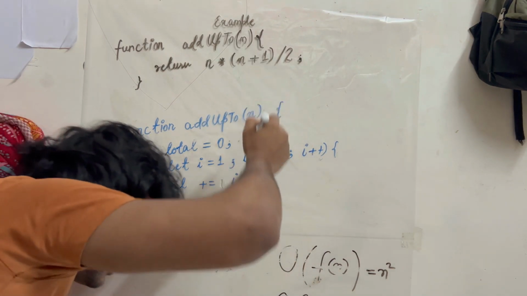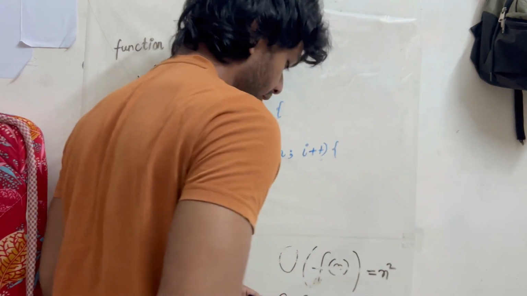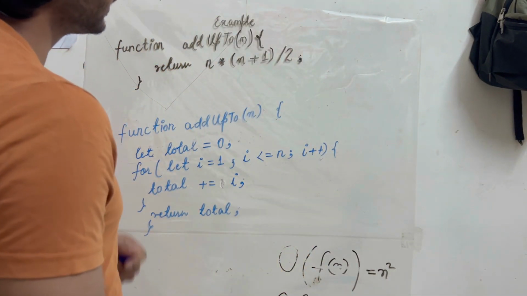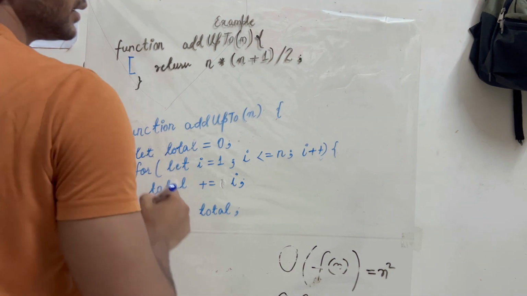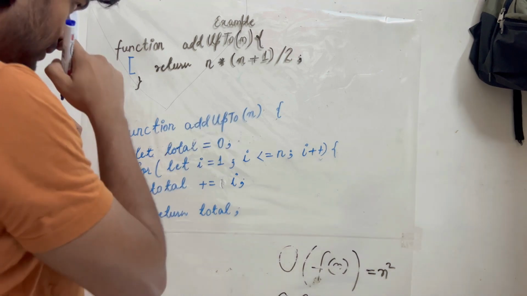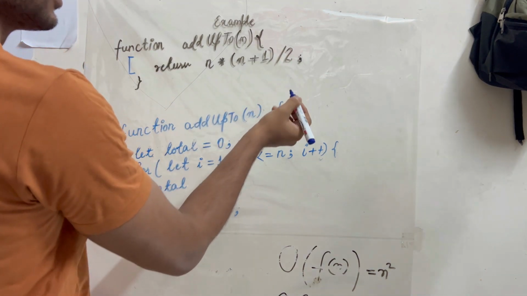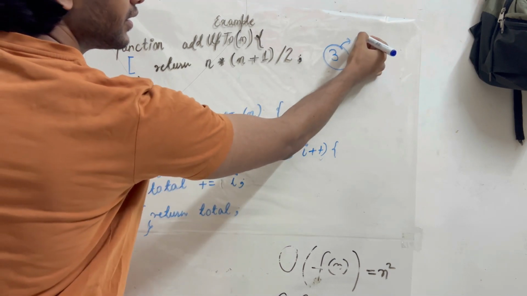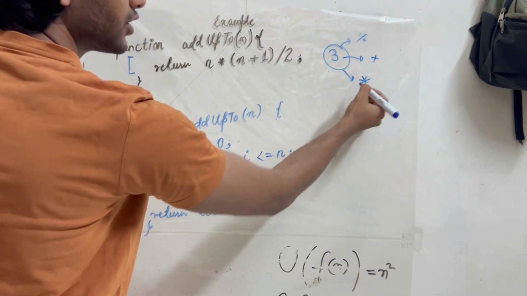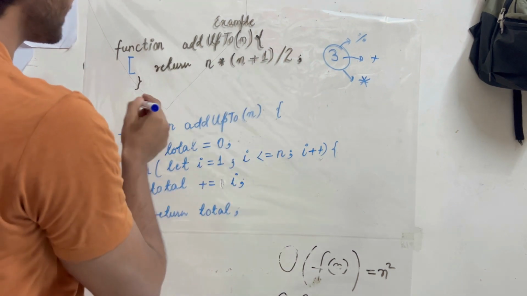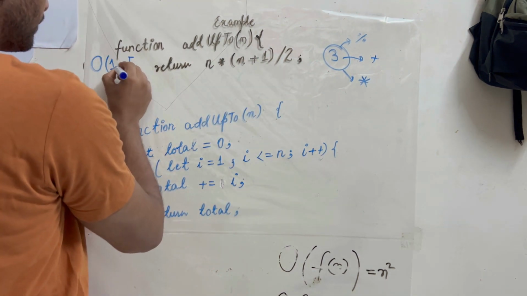Let's talk about the above function, okay? In the above function, we figured out that the number of operations was constant, it was always 3, which was division, addition, multiplication. That means it was constant, it is flat. For such cases, we say it is O of 1.